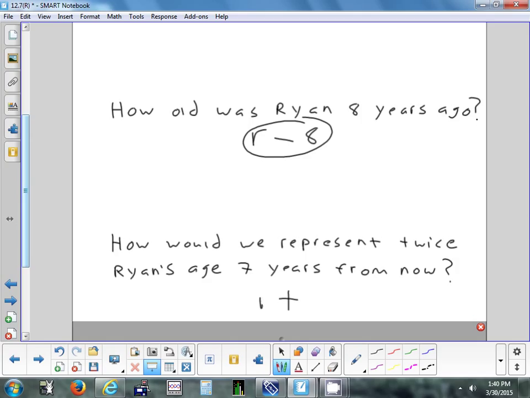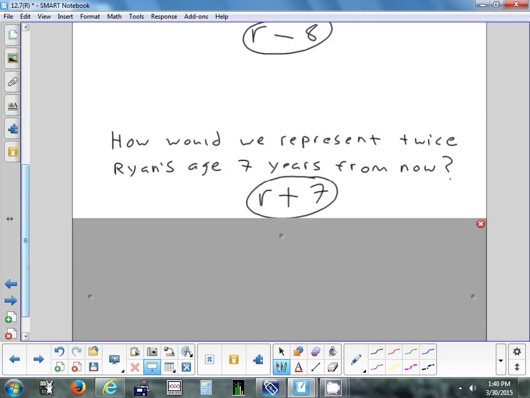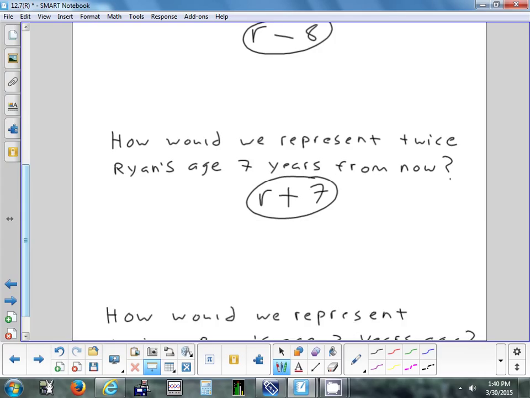R plus how much? 7. None of these sentences give you enough information to find out what R is. We'd have to have something else. That's where a second sentence would come in. Second sentence, and usually a second person. Like, Ryan is 3 times as old as John. Something like that.